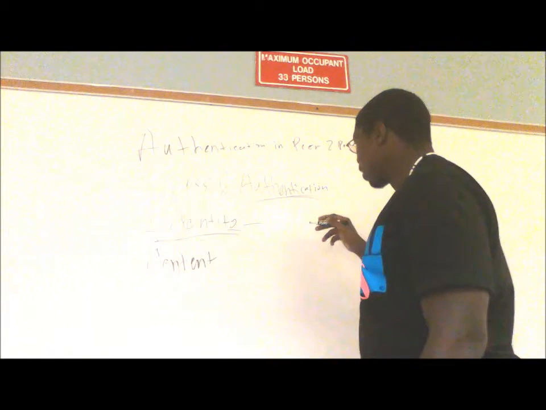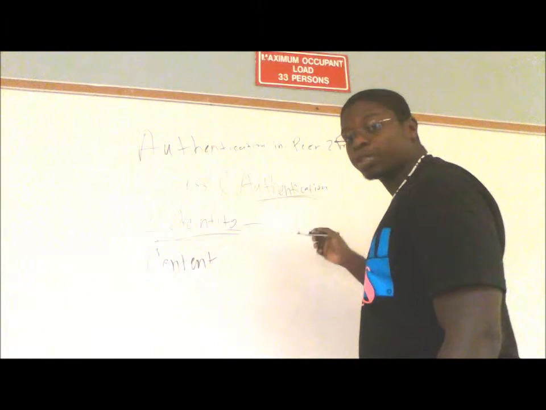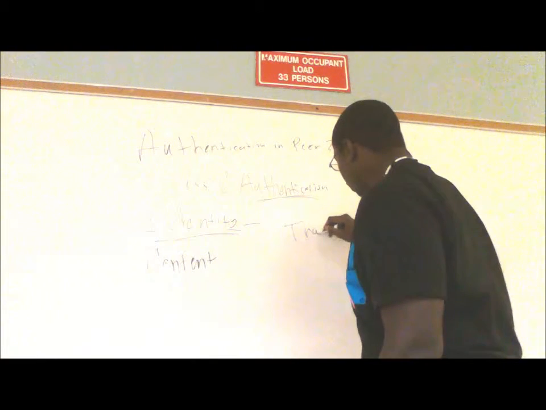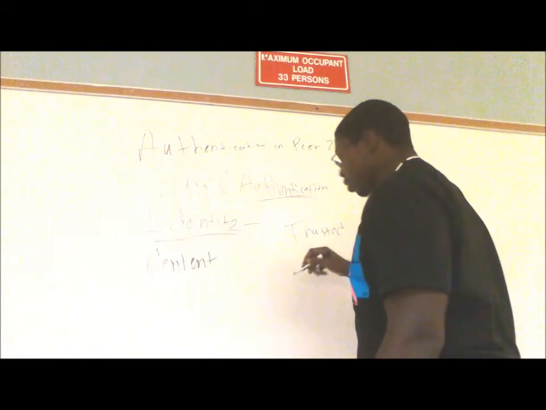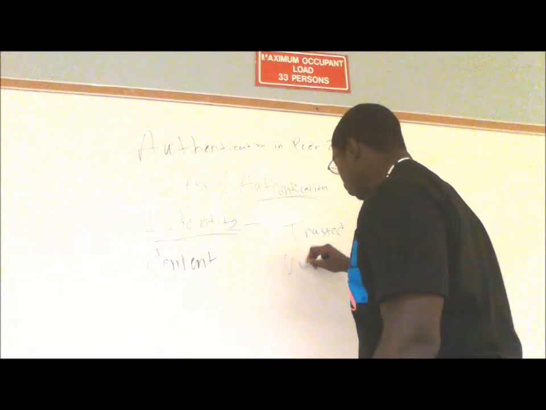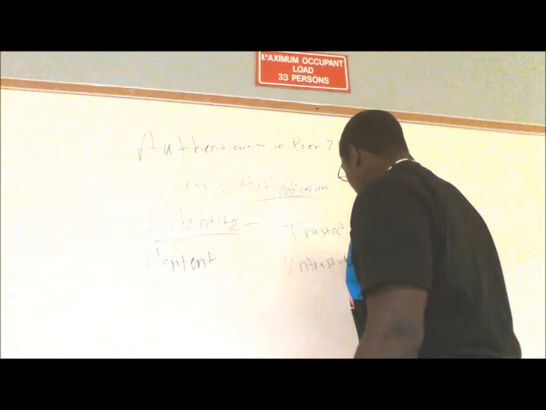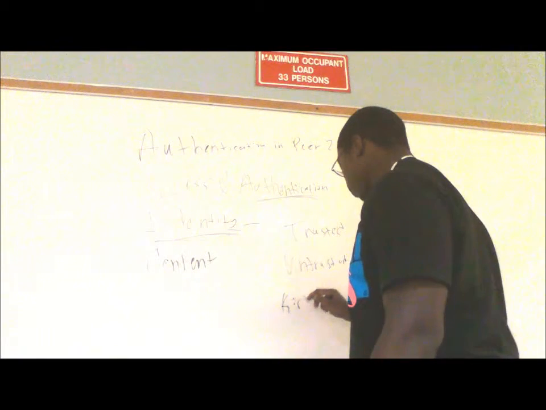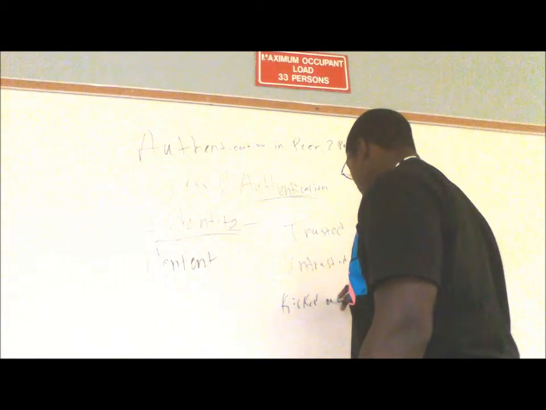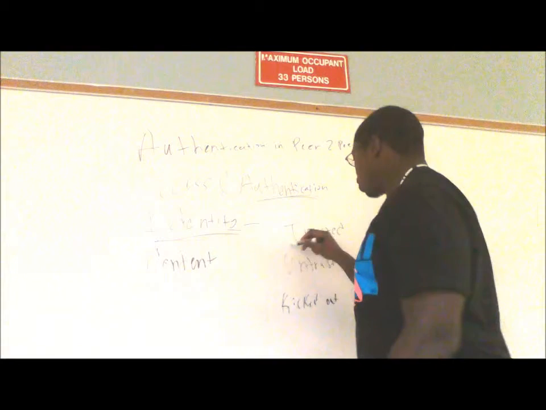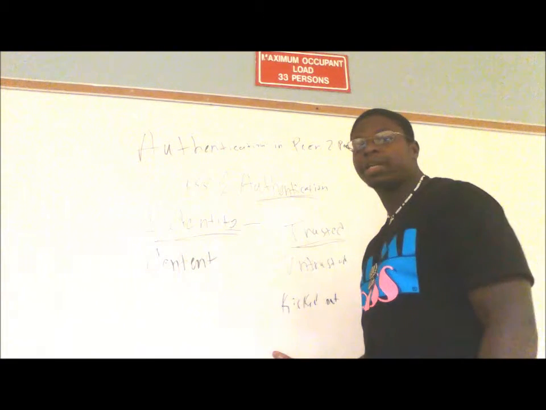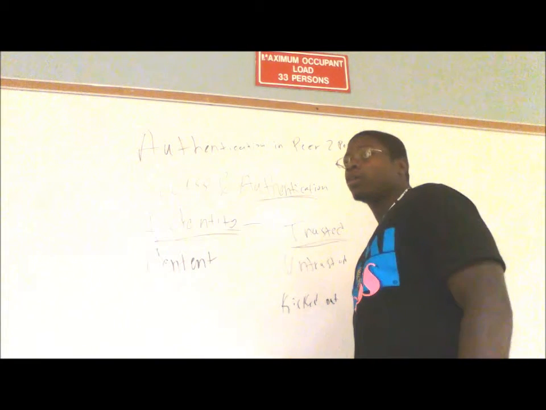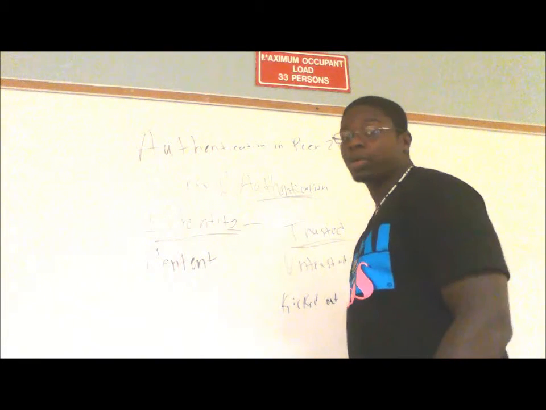And there are three different groups in the network system: a trusted group, an untrusted group, and the group of people that are kicked out of your system. The trusted group are usually people that have access to the public key, people that are supposed to be in the system or in the business, as you may say.